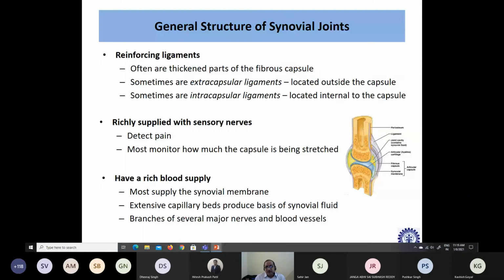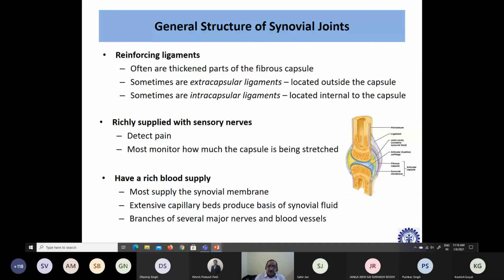The synovial joints are also richly supplied with blood. So they have a rich blood supply, mostly to the synovial membrane, and from the membrane it goes inside.